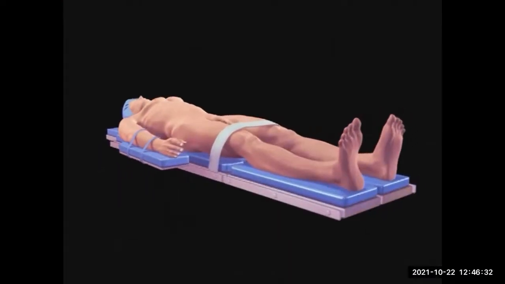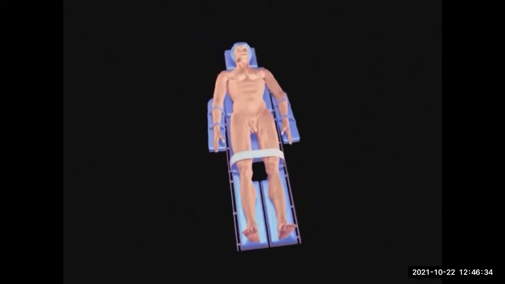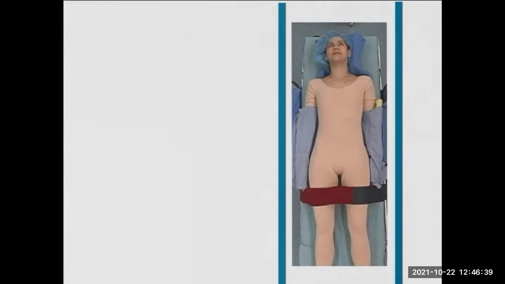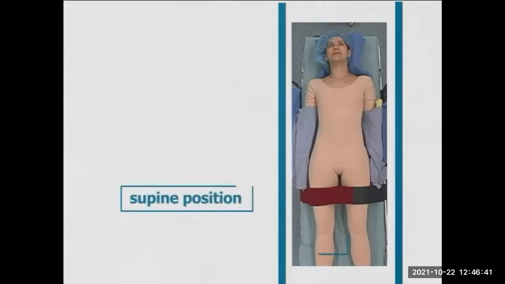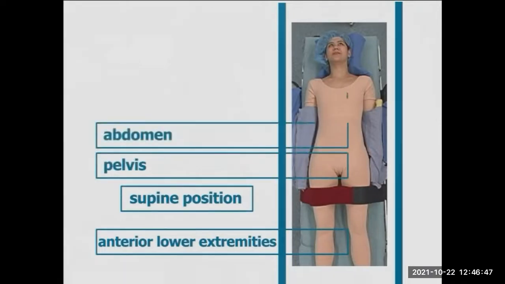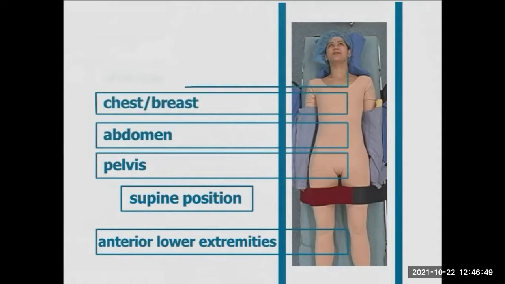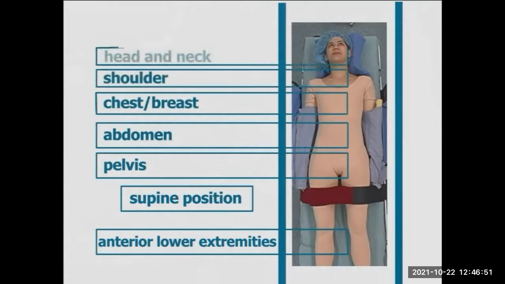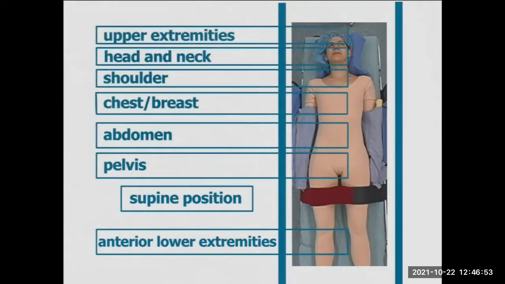The supine position is the most natural position for the body at rest. Body regions that may be accessed with the patient in the supine position include anterior lower extremities, pelvis, abdomen, chest, breast, shoulder, head and neck, and the upper extremities.